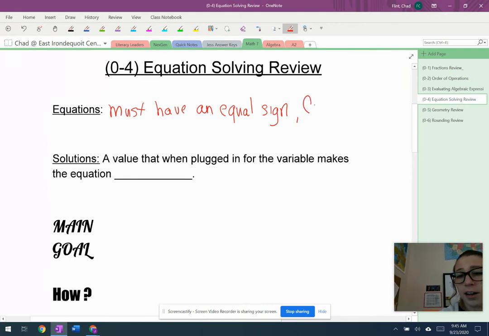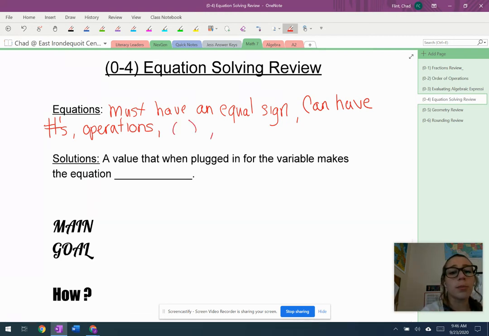They can have numbers, operations, all sorts of things. Parentheses. The important thing is that it has to have an equal sign. If it doesn't have an equal sign, then it's not an equation, it's an expression.